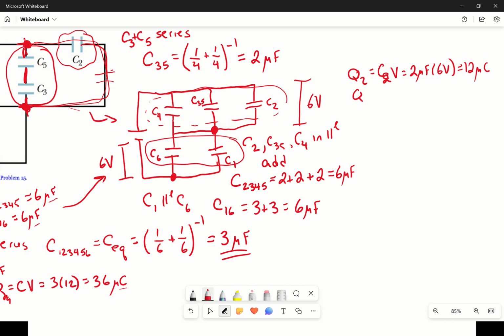And Q35 is going to be C35 times V. And those are all 2. So we've got 12 microcoulombs on each of these ones, because each of them is the same capacitance.